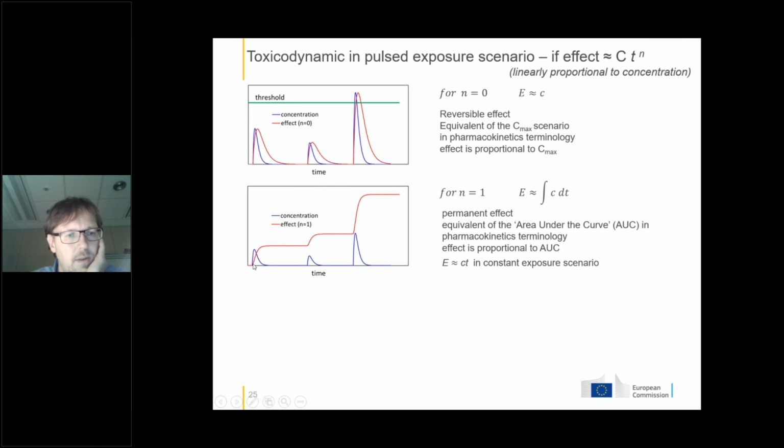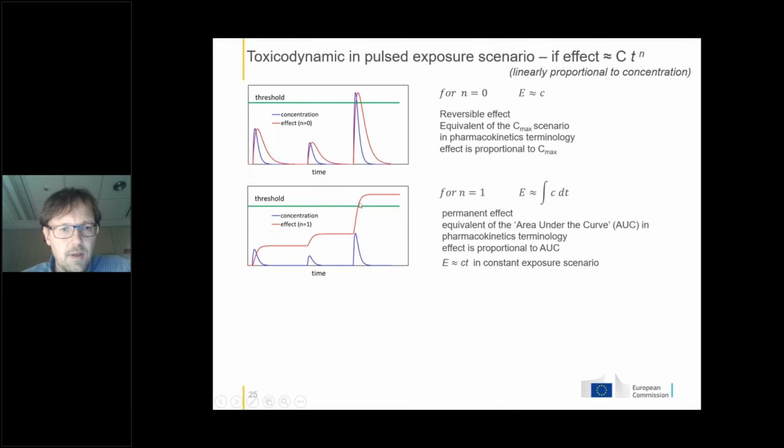So the first pulse will cause a certain effect level of damage, and then when the concentration decays to 0, the effect will still be present until the second pulse, which brings it to a new level, and the third pulse brings it to another level. So if there is no recovery possible or the binding to the receptor is permanent, you will be in this situation. And then you can imagine a certain threshold. So once you go through the threshold, you will get the measurable effect, let's say the apoptosis.